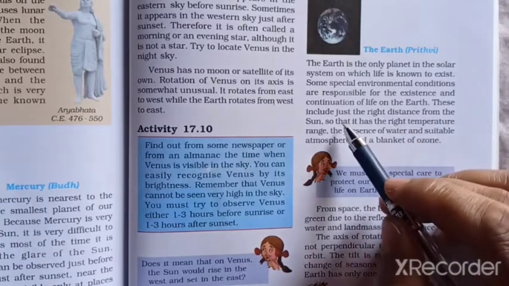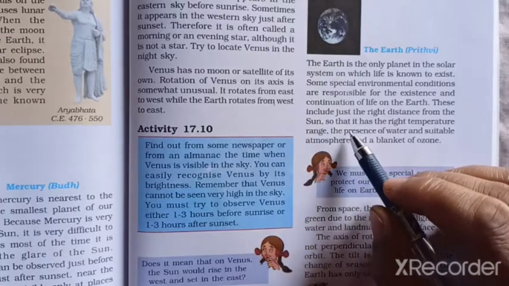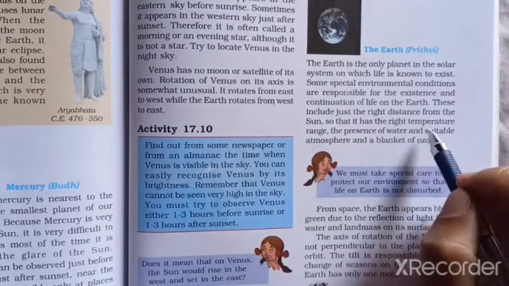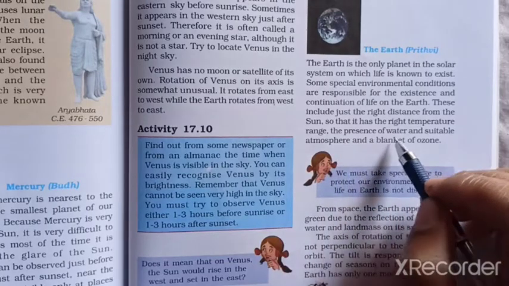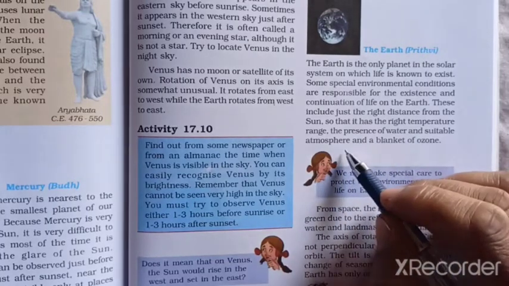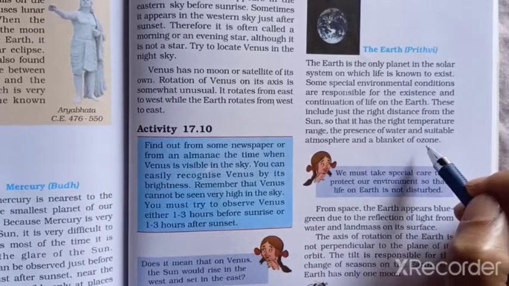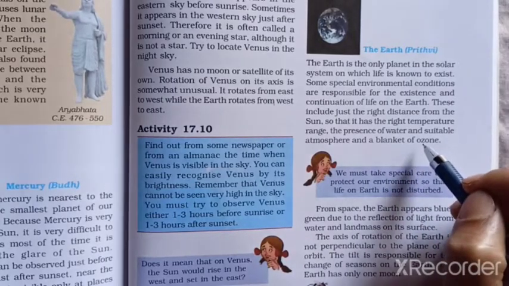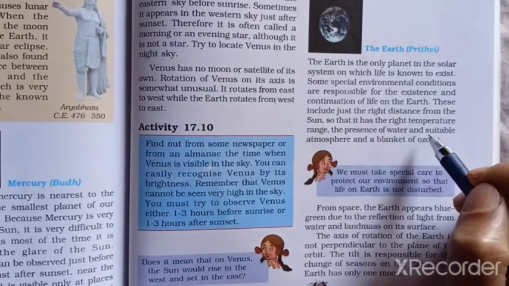These include just the right distance from the Sun, so that it has the right temperature range, the presence of water and suitable atmosphere, and a blanket of ozone. So these are the conditions for existence of life.